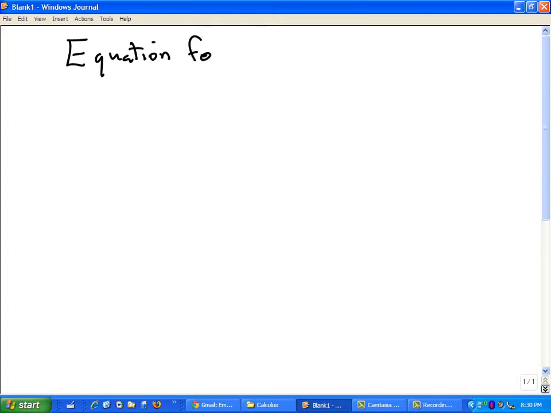What I want to do is actually calculate something that we now have the tools for doing. What I want to do is find an equation for the tangent line. To understand this in the easiest way possible, let's look at an easy example where f of x is our old friend x squared.